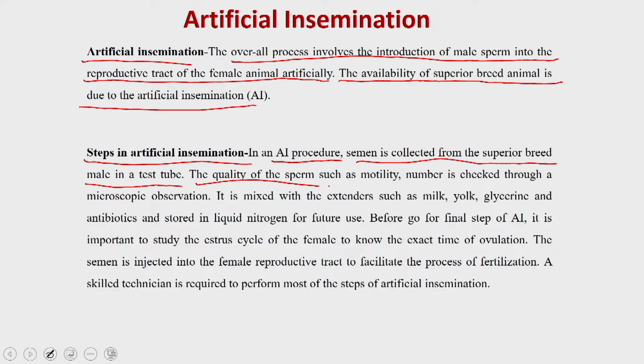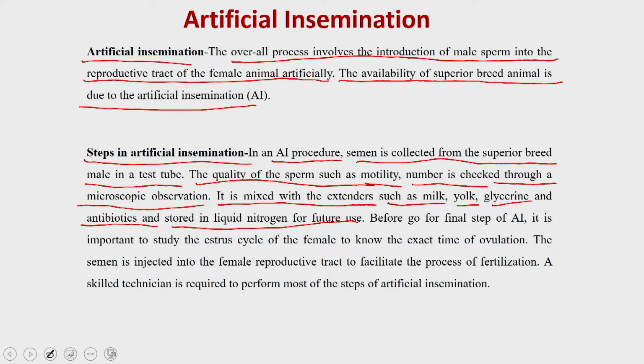The quality of the sperm, such as the motility and the number of sperm in the semen, is checked through microscopic observation, and then it is mixed with extenders such as milk, yolk, glycerine as well as antibiotics, and then stored in liquid nitrogen for future use.